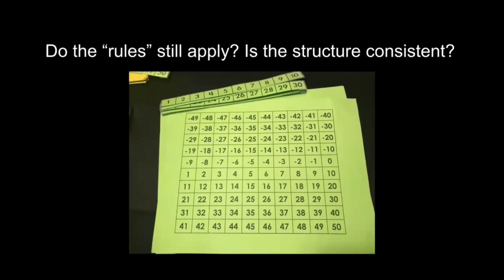So now I have a hundreds chart, but it begins at -49 and goes to +50. And part of the reason why I wanted to bring this up is not that you would do this with second graders, although you might be able to. But we have a lot of kids in upper elementary and even middle school who haven't had experiences on number lines or really don't understand base 10. I think we have a lot of adults that really don't understand base 10.